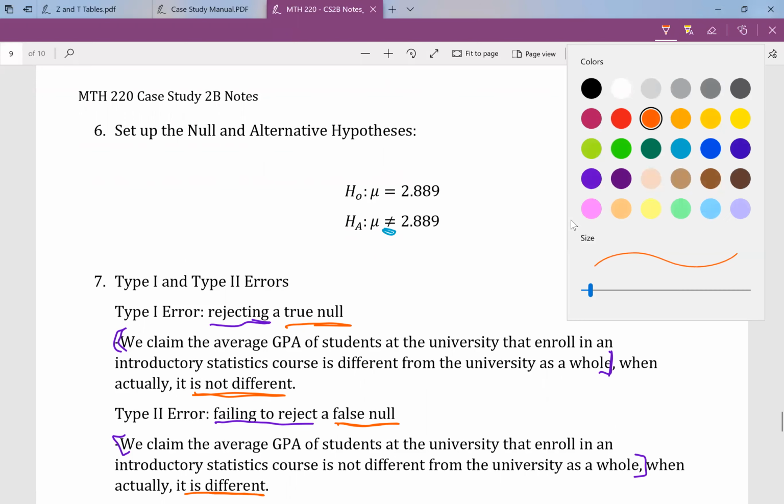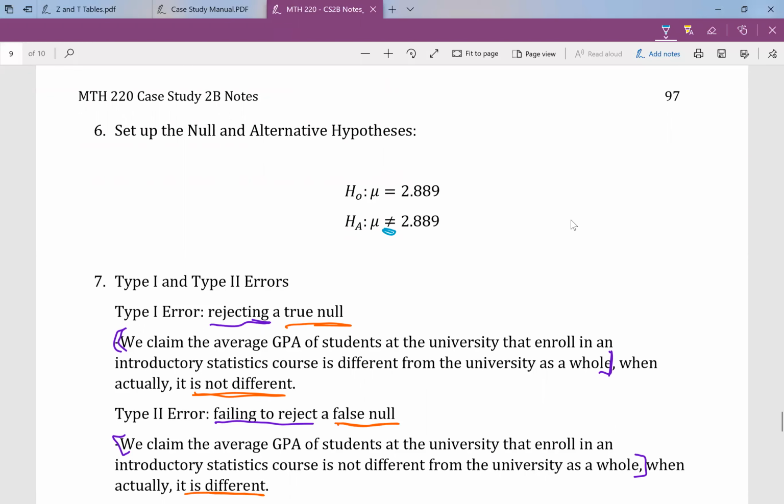Something we can look at whenever we write our errors is which one of these errors is worse than the other. Type 1 error: we claim there's a difference when there's not a difference, versus claiming there is not a difference when there actually is.